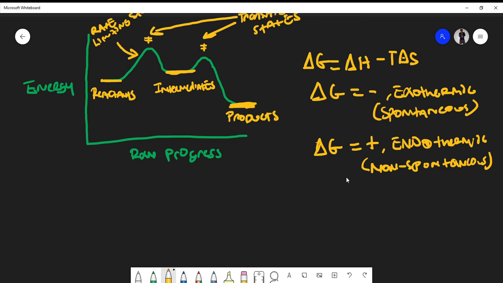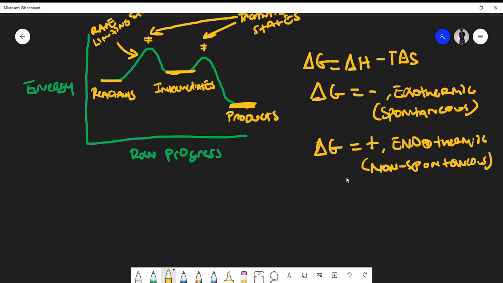Now, remember again, if our delta G is negative, we say the reaction is exothermic. It's spontaneous. If the delta G is positive, we'll say the reaction is endothermic and non-spontaneous. Now, if you look at the energy diagram that I've drawn, look at the energy. The reactants had a higher energy than the products themselves.